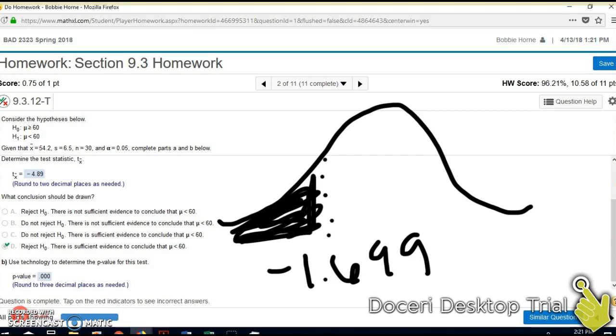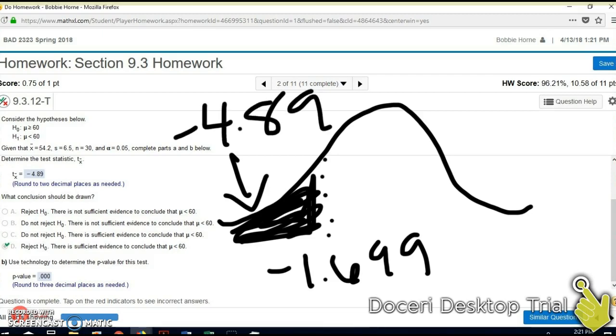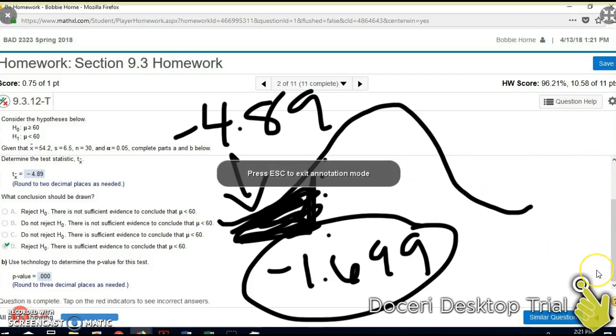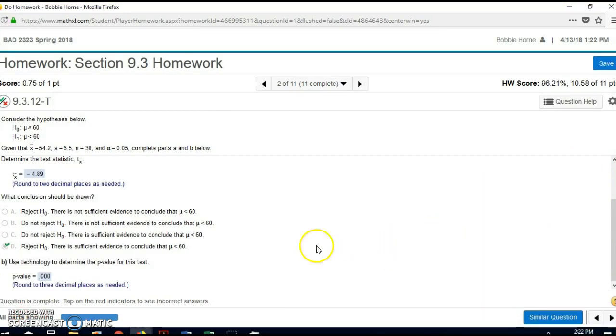So our test statistic is negative 4.89. So since it's less than our critical value, then it's in the rejection area. So looking at that, we would reject the null because there is enough evidence to conclude that the mean is less than 60.